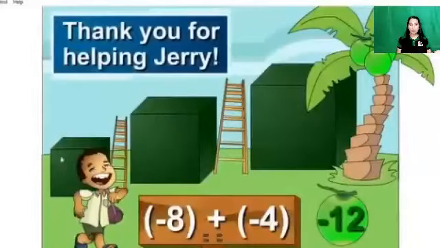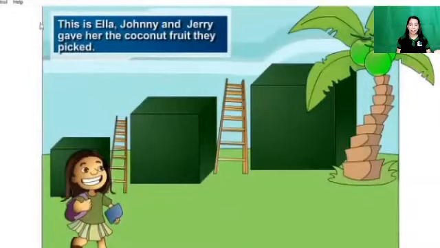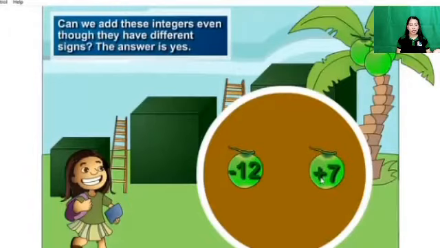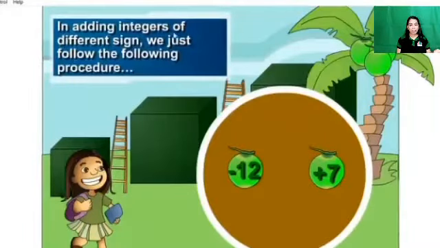Thank you for helping Jerry. This is Ella. Johnny and Jerry give her the coconut fruit they picked. One of the coconuts has negative 12 markings on it, while the other is positive 7. Can we add these integers even though they have different signs? The answer is yes. In adding integers of different signs, we follow this procedure.